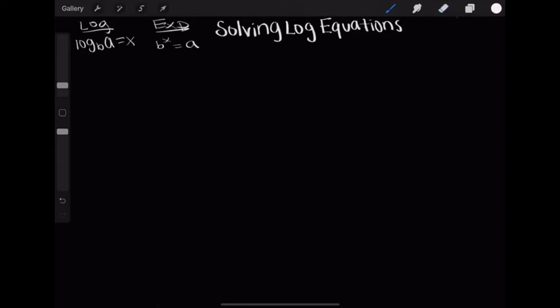A little bit different. I'm just going to write it down real quick. So now we have 2 logs on each side of the equal sign. When this happens, if they have the same base, which is 4, we can just drop the log and set the arguments equal to each other.